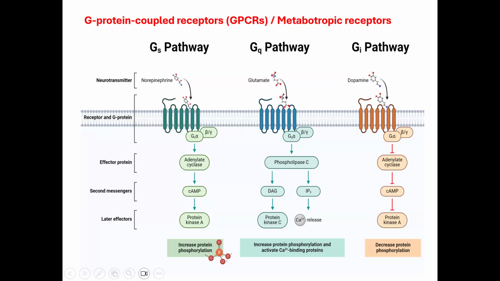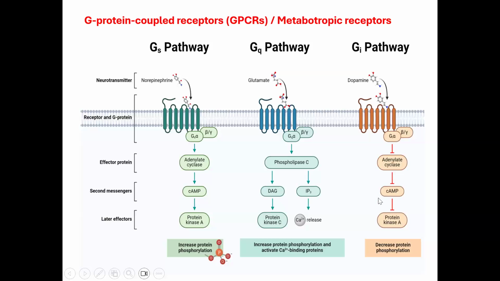Okay, so on this side we are going to see an increase in cyclic AMP, yet on that side we are seeing a decrease in cyclic AMP, and those can lead to different reactions. As you can see, it is still protein kinase A that is released here, because for Gs it is an increase in protein kinase A, we shall see an increase in protein phosphorylation.